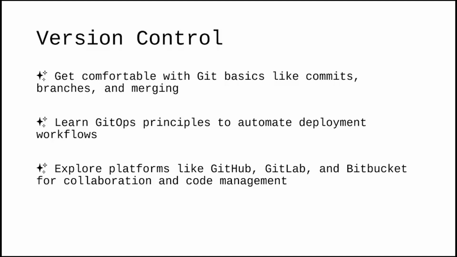So imagine you are the project manager overseeing the construction of a large multi-story building. Now, without version control, which is a paper blueprint, different teams, architects, electricians, plumbers, structural engineers are working on various aspects of the building.